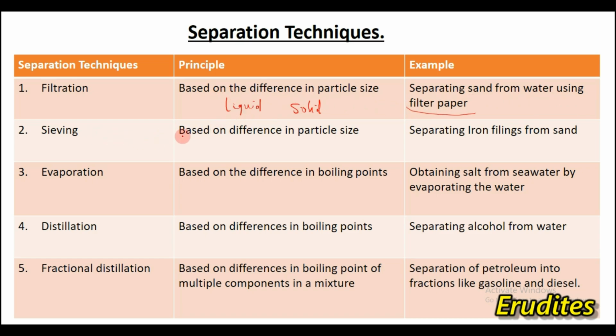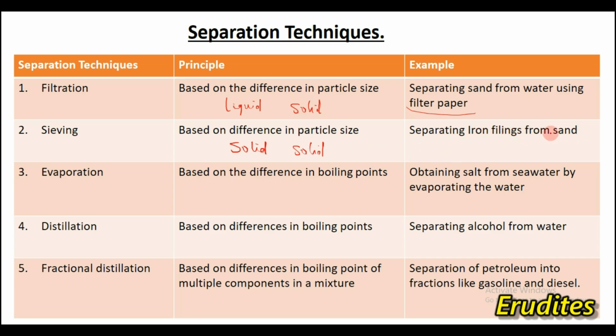Then we have sieving. Also, it is based on the difference in the size of the particle, just as in filtration, but here we're separating solid from solid. So because of the difference in the size of the particles, we can use a sieve. An example of a sieving process is separating iron filings from sand.